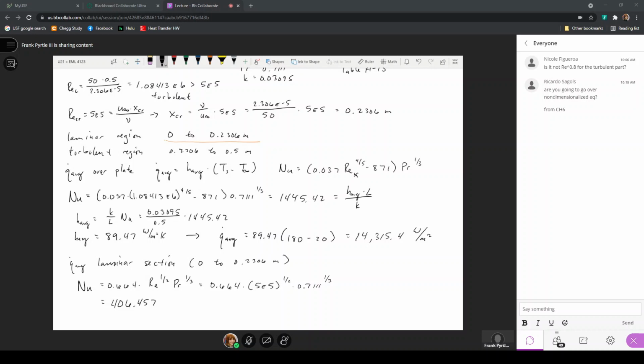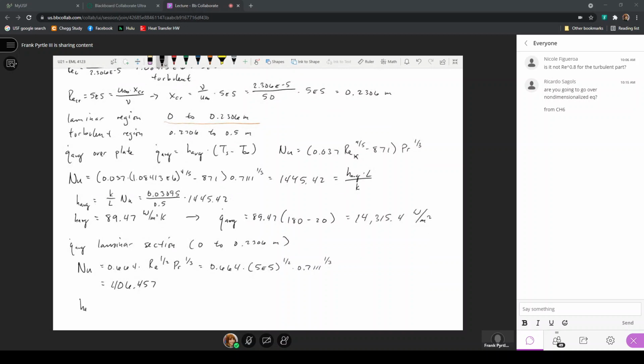And so the average heat transfer coefficient is just the thermal conductivity over that X position, which is the critical position here, times the Nusselt number. The thermal conductivity of the fluid is still the same value, 0.03095.